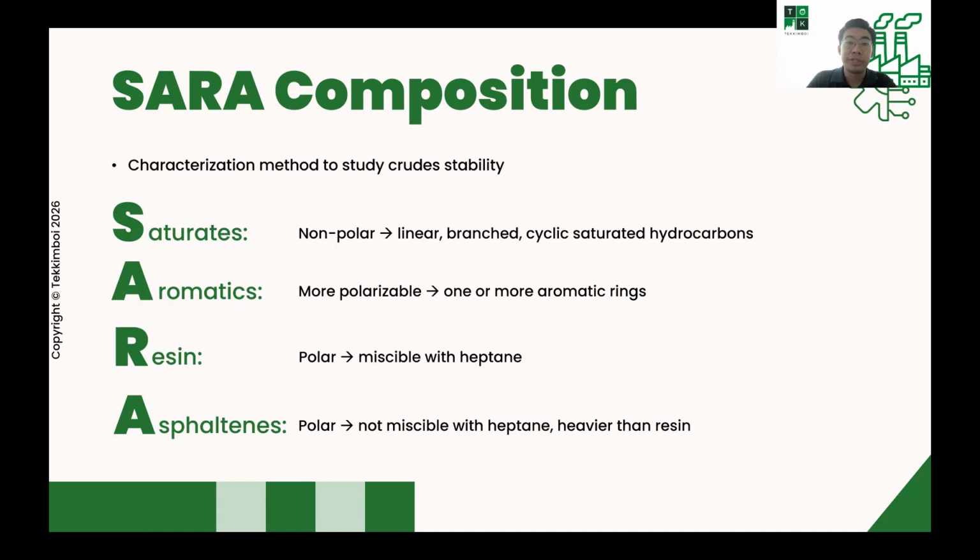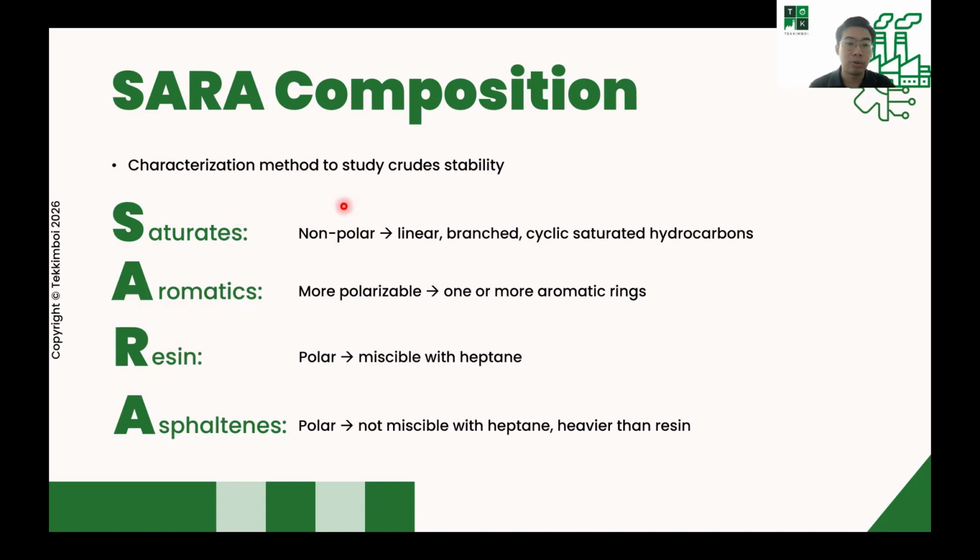Before moving to the simulation, I would like to explain a bit about the basics of crude compatibility analysis. If we want to study it, we can start by understanding the SARA composition. SARA is the abbreviation of saturates, aromatics, resins, and asphaltenes.